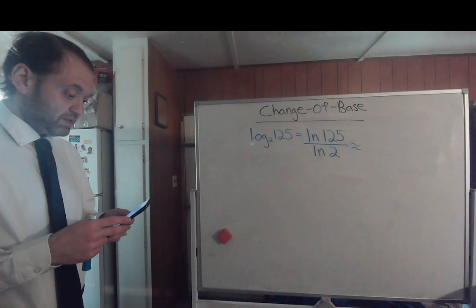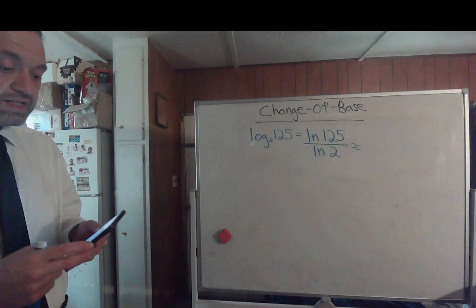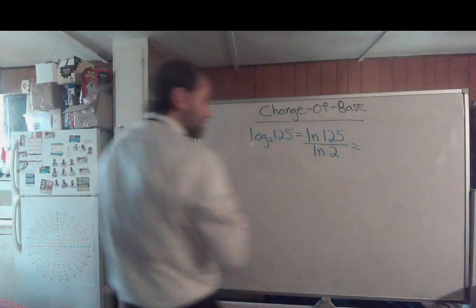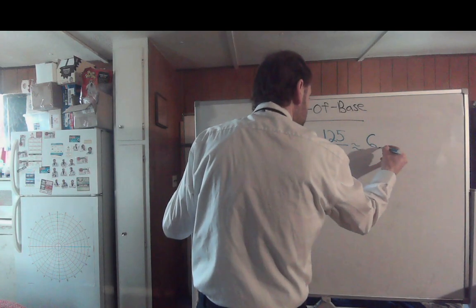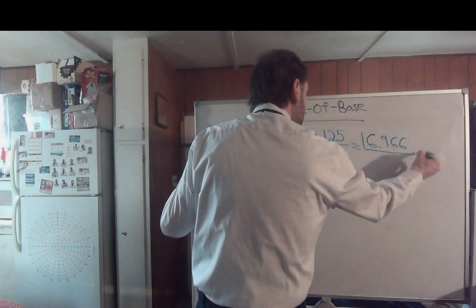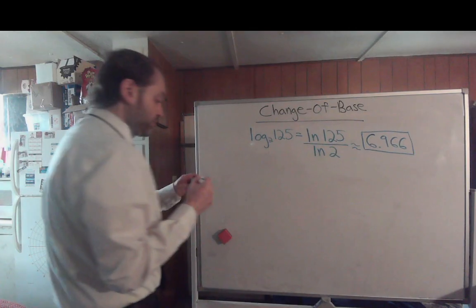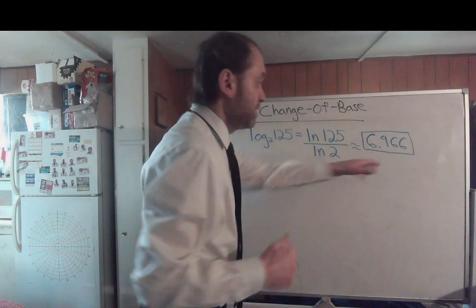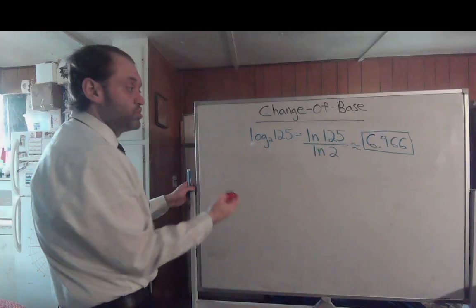You get about 6.966. So you get approximately 6.966 for the answer to 3 decimal places.